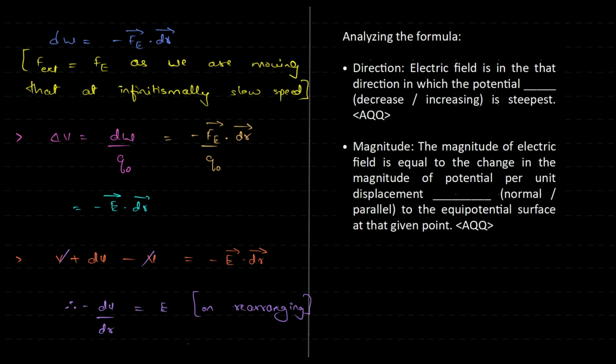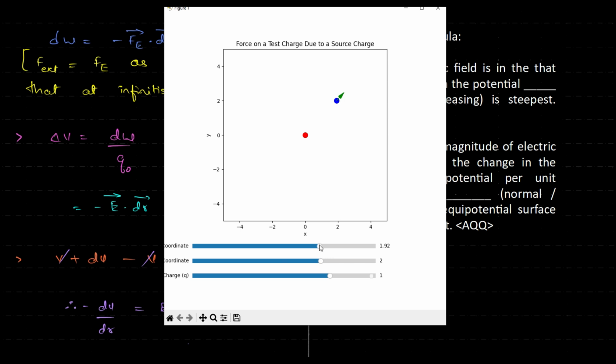Okay, I want to make use of this now. So if I move a charge closer to the field, what happens? If I move a charge closer to the field, the potential will increase, is it not?